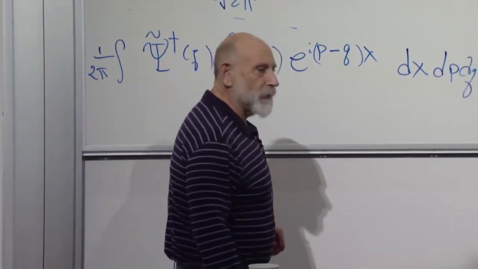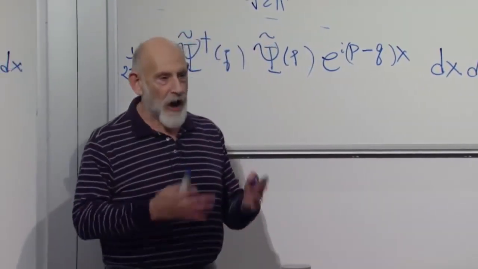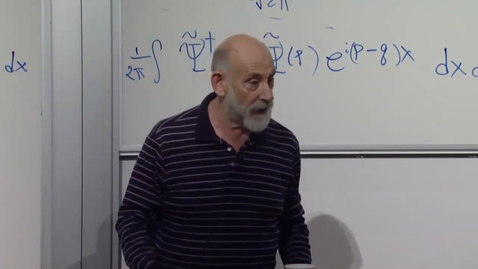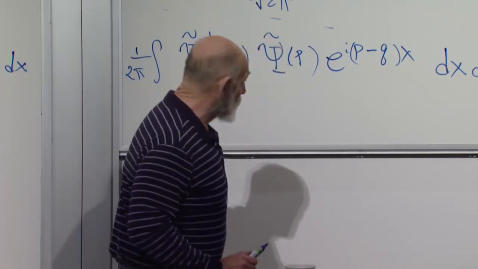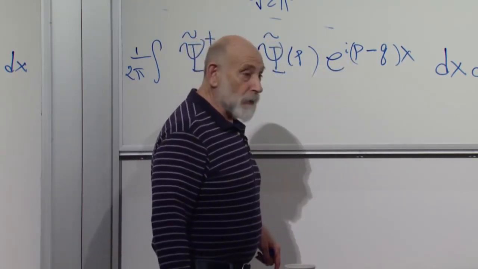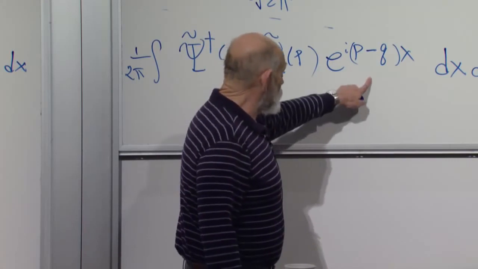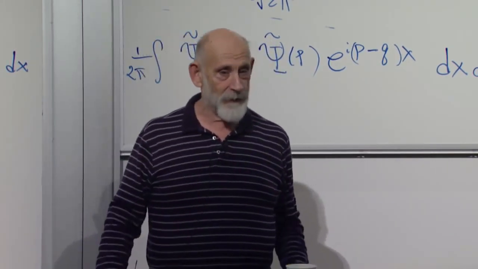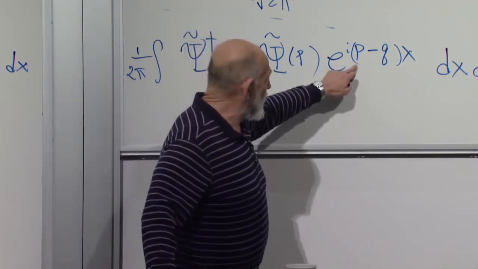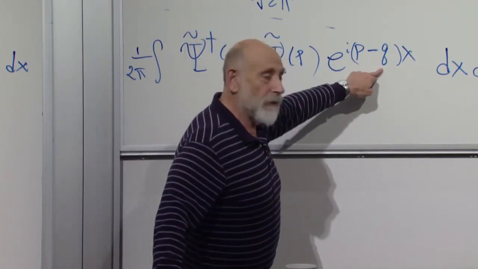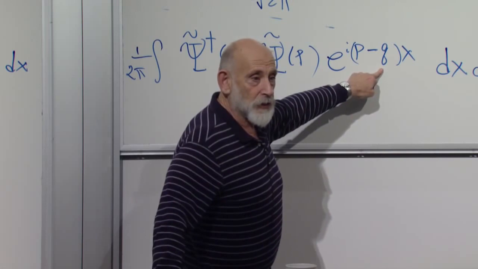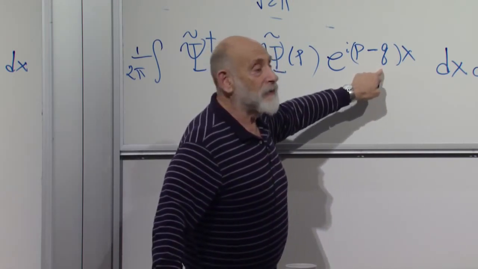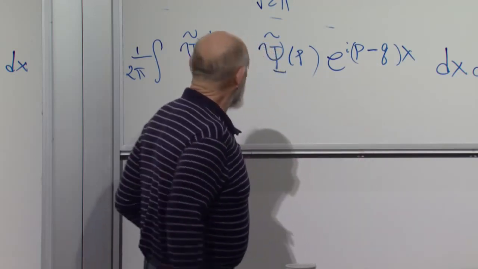But if p is not equal to q, it oscillates. It has a sine in it, a cosine in it. The sines and cosines are as positive as they are negative, and that must integrate to 0. On the other hand, if p is equal to q, then this is just 1. And the integral of 1 over all space is infinite. So this is a function of p minus q, which is 0 if p is not equal to q, and it's infinite if p equals q.